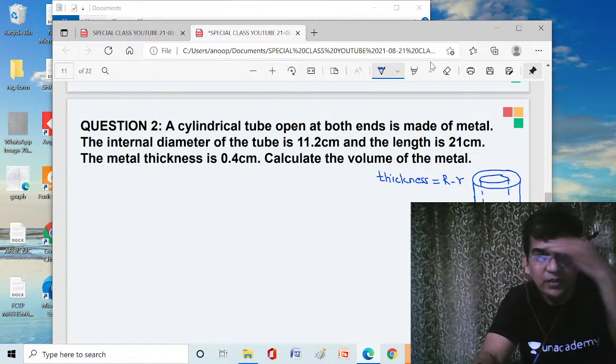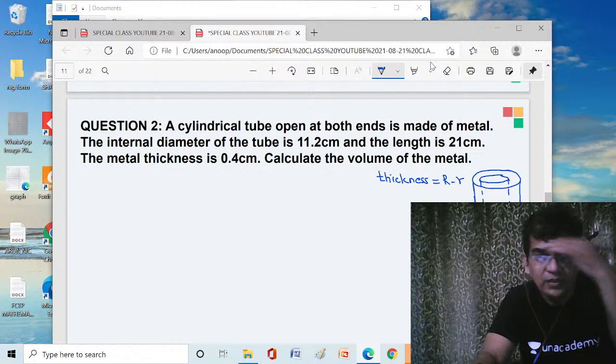So thickness is given to us as 0.4. Capital R is unknown to us, but small r we have already calculated, 5.6. Now when this minus 5.6 is transferred to the other side, you can see over here in the working, it becomes plus 5.6.